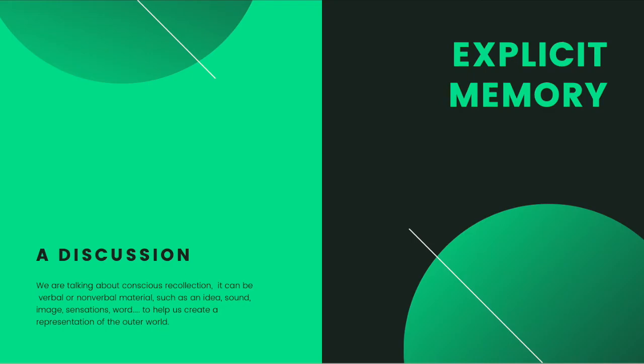This is a combination of verbal and visual imagery representations. This involves a lot of different subsystems, such as keyword systems, the peg word method, the method of loci, and of course, we're going to talk about all of these throughout the course.